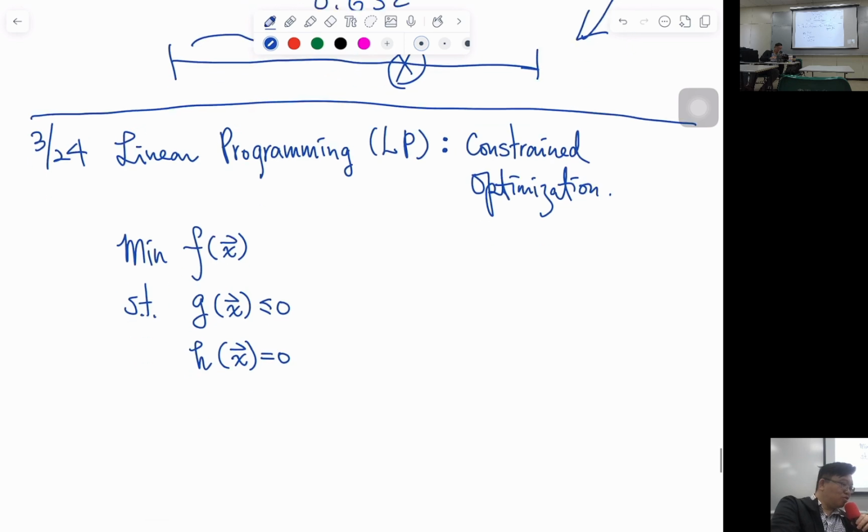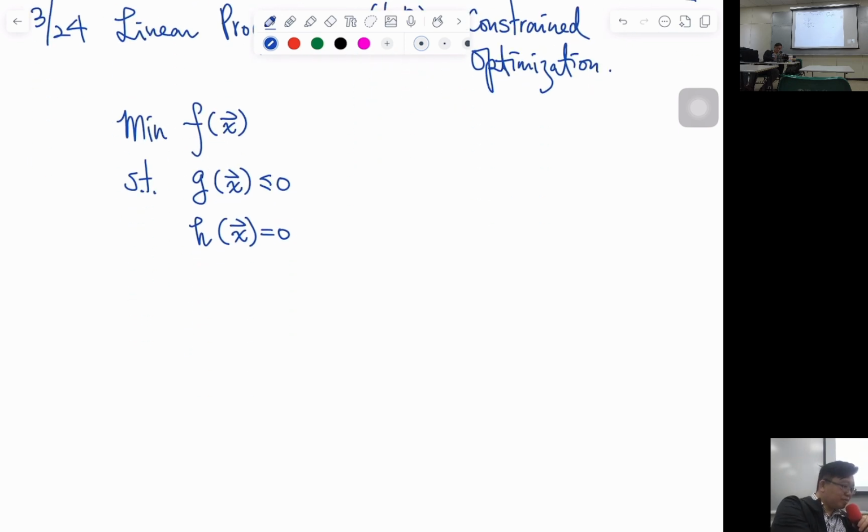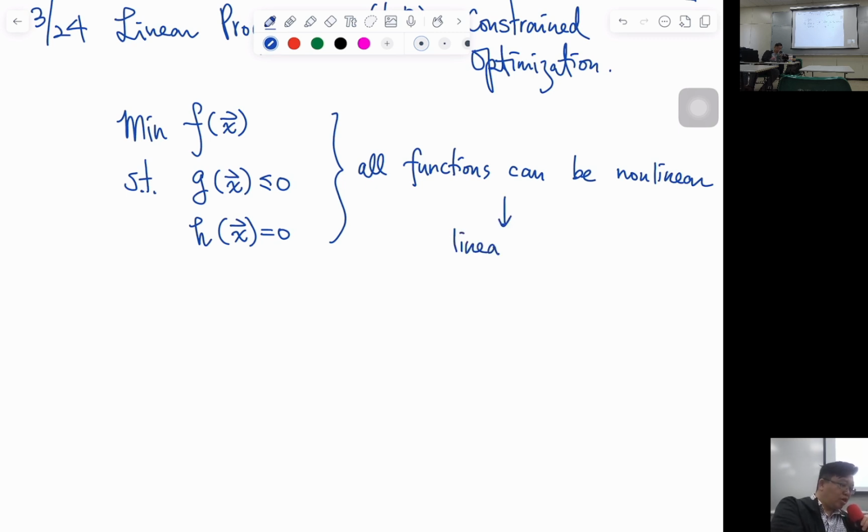Okay, so how do we linearize? All functions can be nonlinear, but for linear programming, we need to linearize all functions.